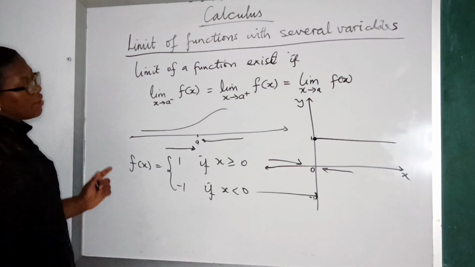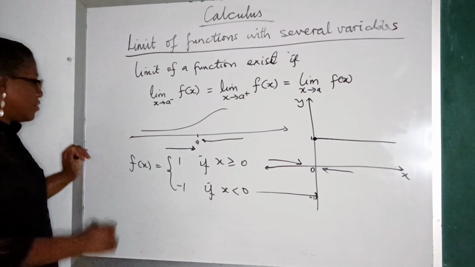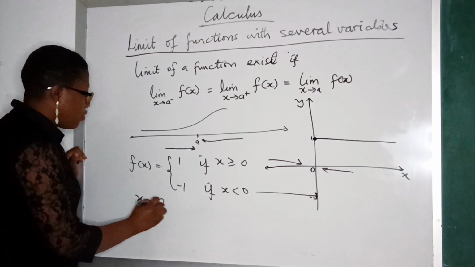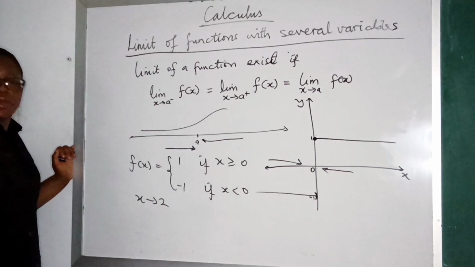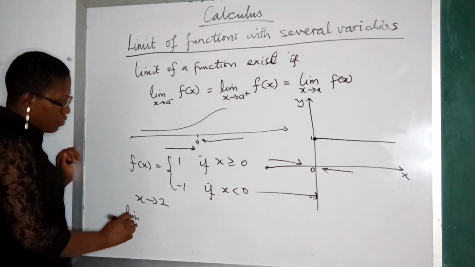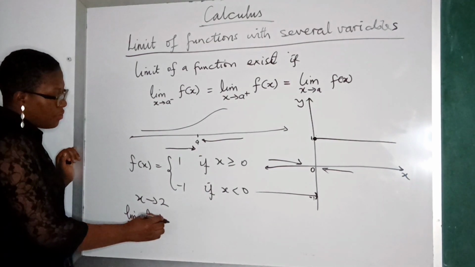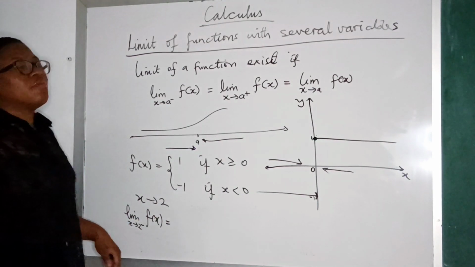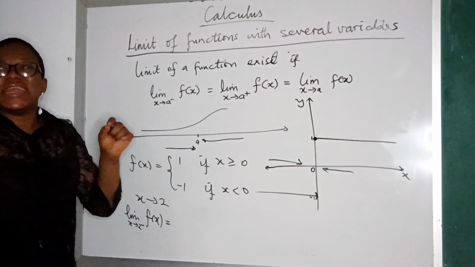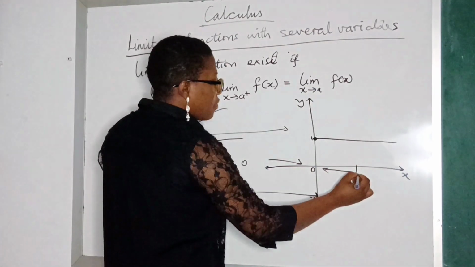With this same function, let's take another example. Let's find the limit as x goes to 2. The limit as x goes to 2 from the left hand side of f of x is what? From the left hand side it is something like 1.99999. It's somewhere here.